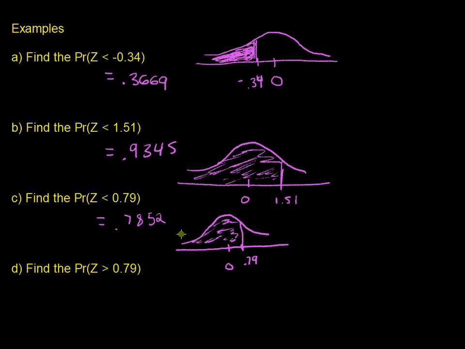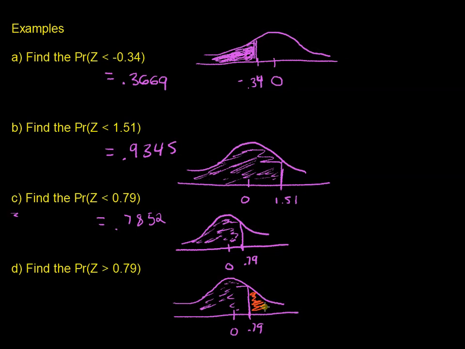Right, now last question, this is a little different. Now this one is asking me to find the probability that z is more than 0.79. So here's 0.79 again. If I were to look in the table, I would get this back area, which is what we did in part C. But now the question is asking me to find this probability in front.